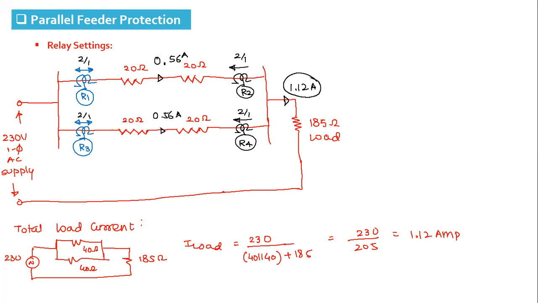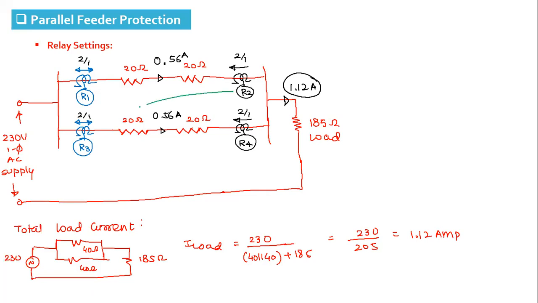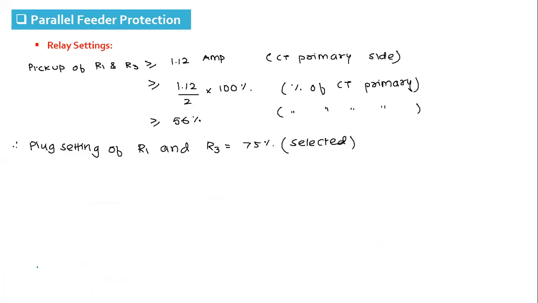Backup to R2 is provided by the R3 relay, and backup to R4 is provided by R1. So, if you remember the remote backup, to calculate the setting of the backup relay, what equation did we use previously?